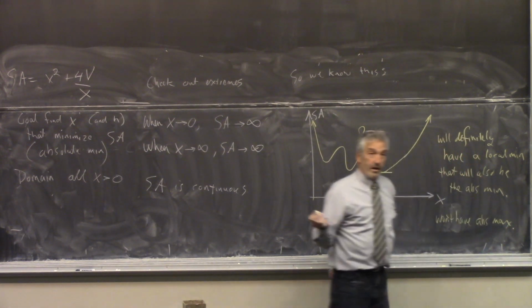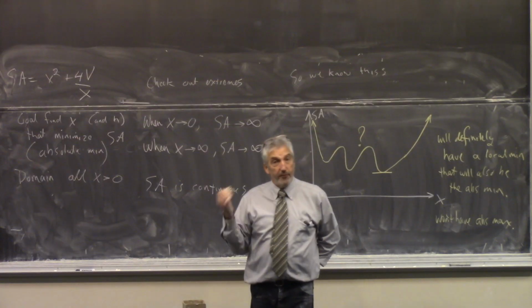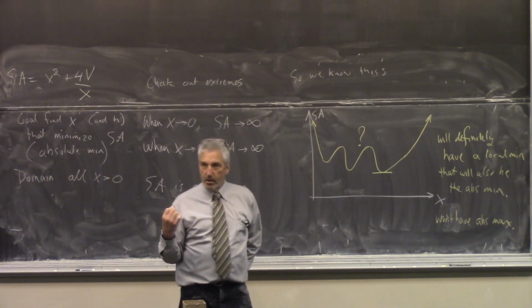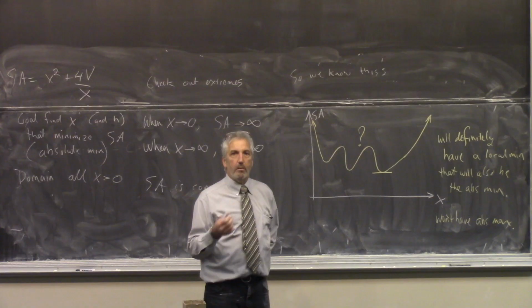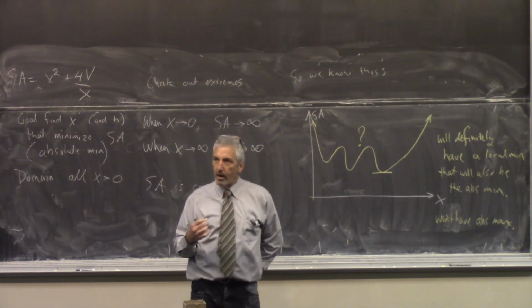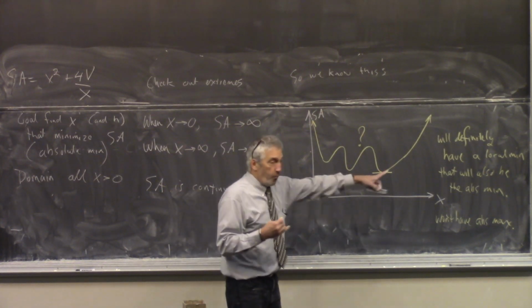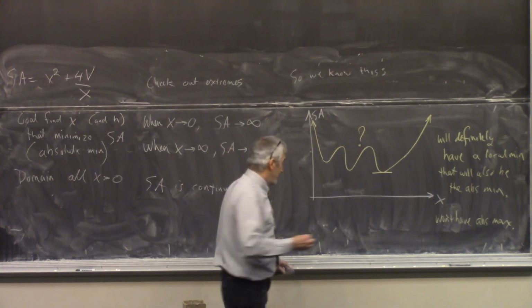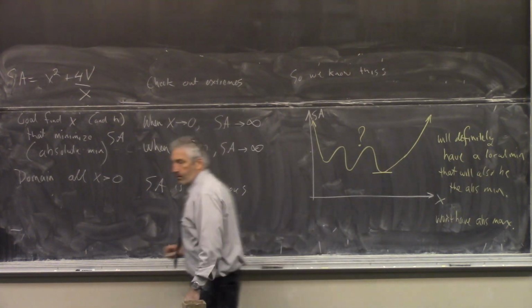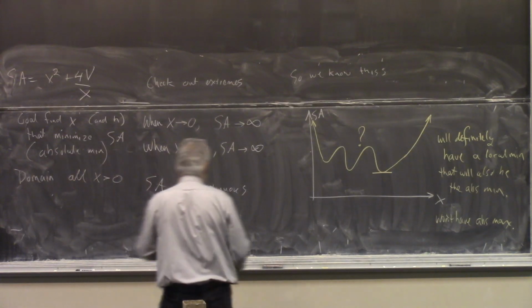Okay, so remember what I said. Think about what you're expecting before you do any work. Now we're going to go fishing. We're going to find the local maxes and mins, find out where they are, and one of those places is going to be where the absolute min occurs.